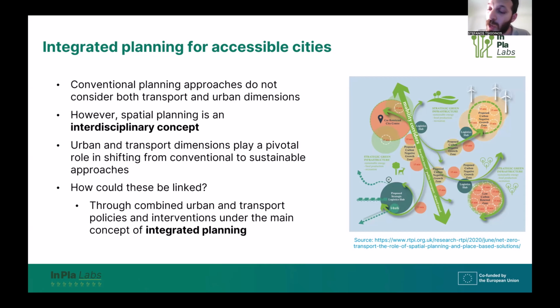The corridors, which are closely related to mobility, should also be connected to the polygons, which are mostly related to activities and land uses. You will see these points, polygons and lines afterwards in the next presentation. It's really important to make the basis for an integrated planning approach.